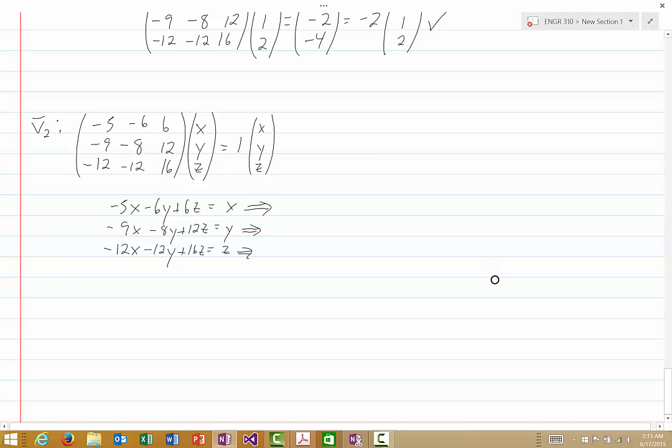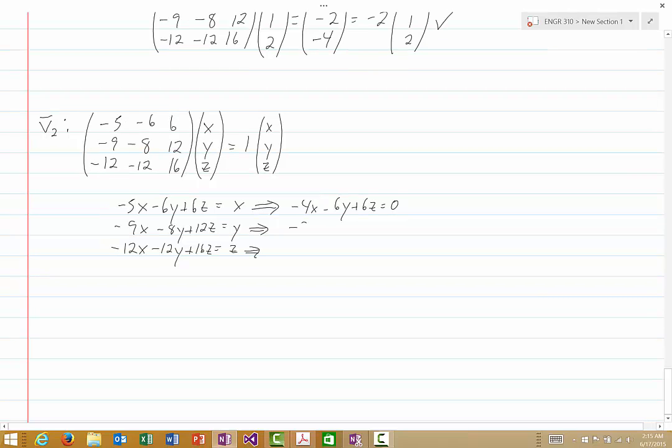Okay, so minus 4x minus 6y plus 6z is 0. Minus 9x, actually, no, this should be minus 6x here. When we subtract x from each side, we should get minus 6x. So minus 6x minus 6y plus 6z equals 0.